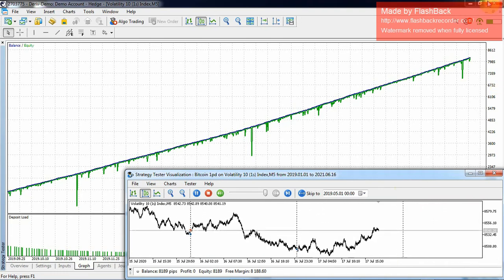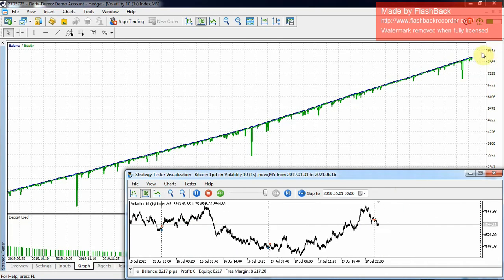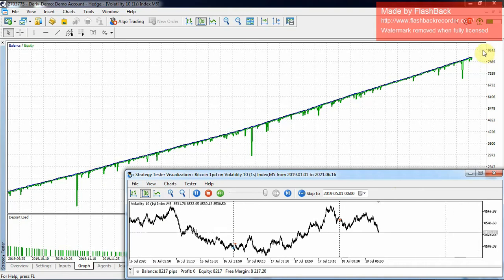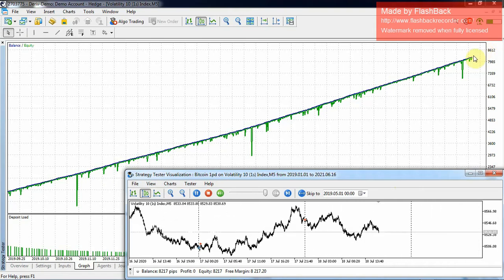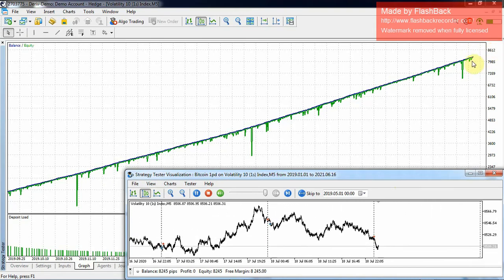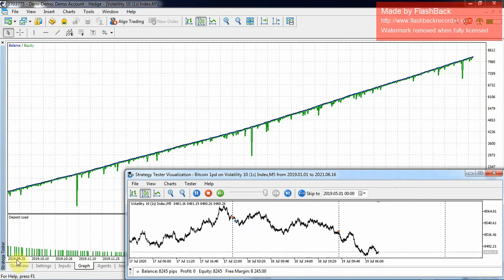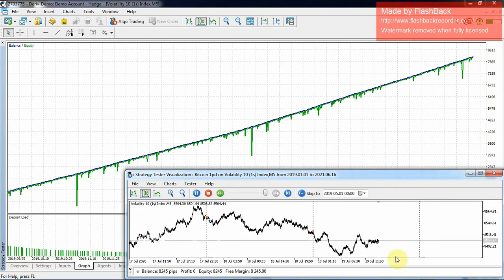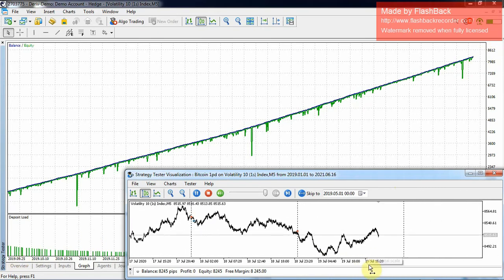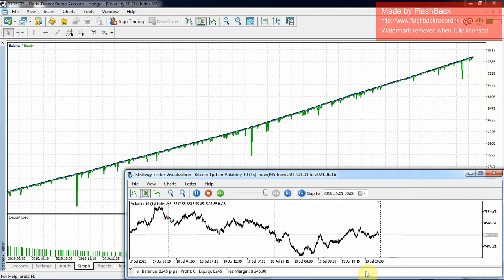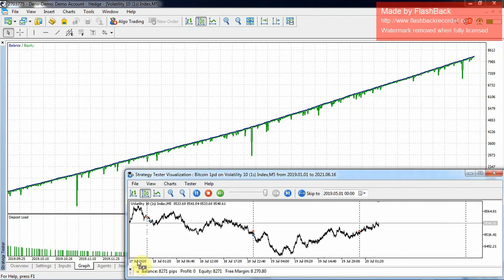Check the balance line. Check the strategy visualizer. The robot is in action, as it would have traded. So this is a backtest as the robot would have traded from 2019 to 2021.